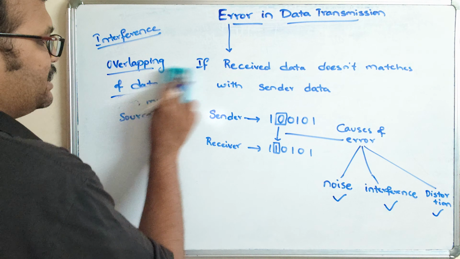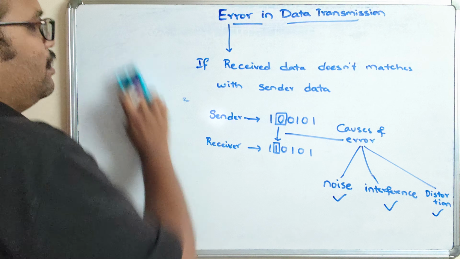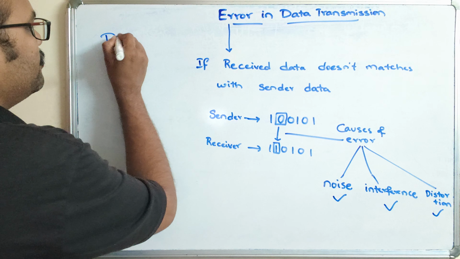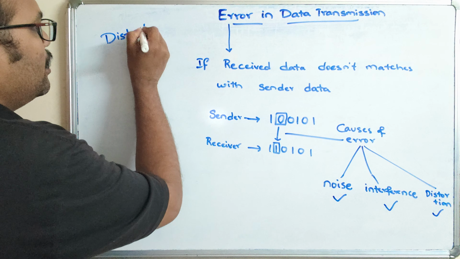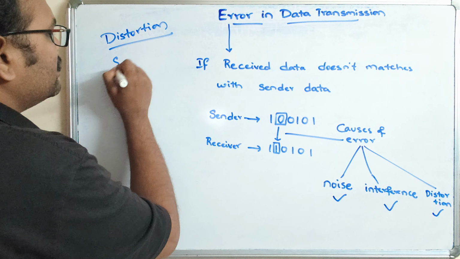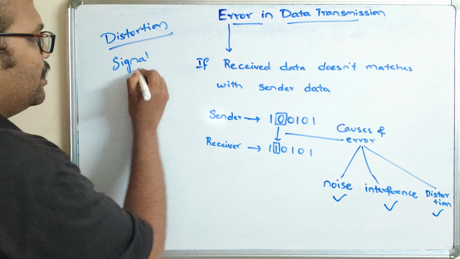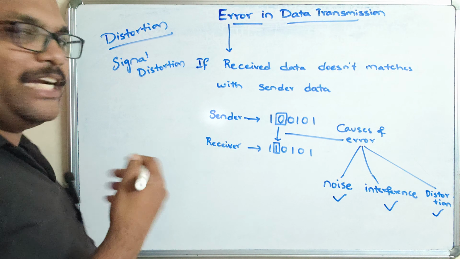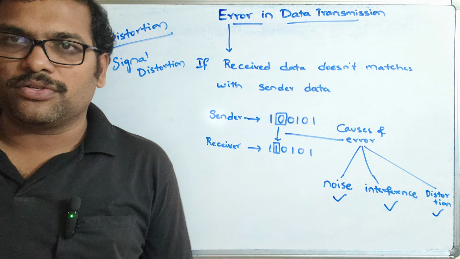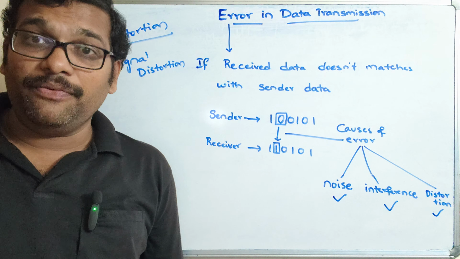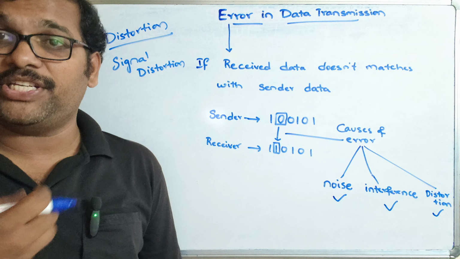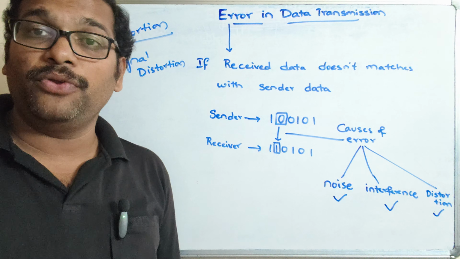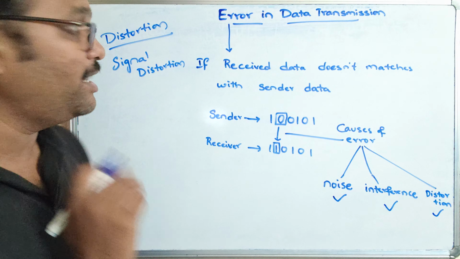And the third one is distortion, also called signal distortion. We know the data will be transmitted in terms of signals, right? If the shape of the signal has been changed during the transmission, then it is called signal distortion.